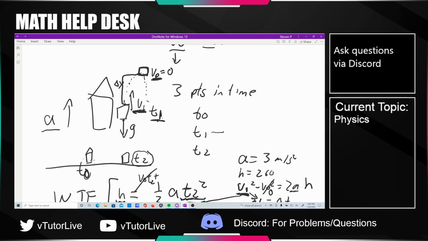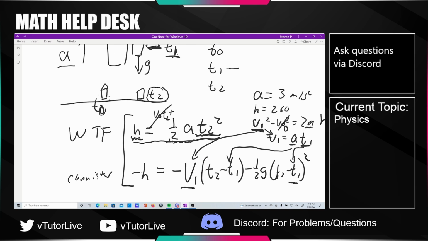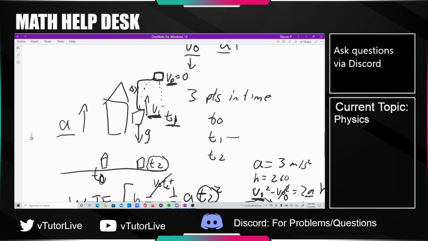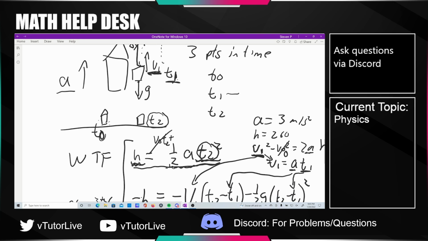Sorry, I guess for part A, I should have reminded ourselves that once we find T2, we're basically going to want to plug it back in to find H. H is the height of the rocket once T2 happens, once the canister hits the ground.